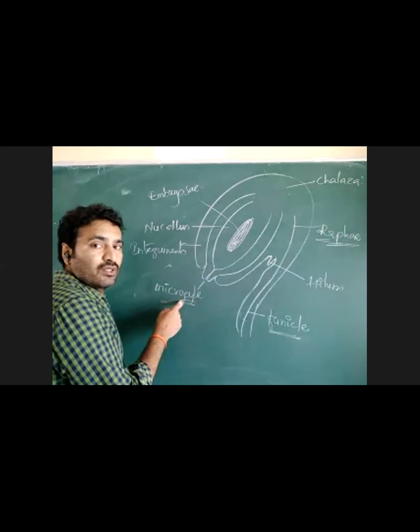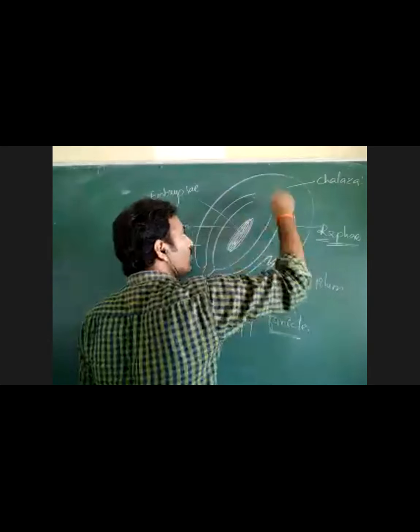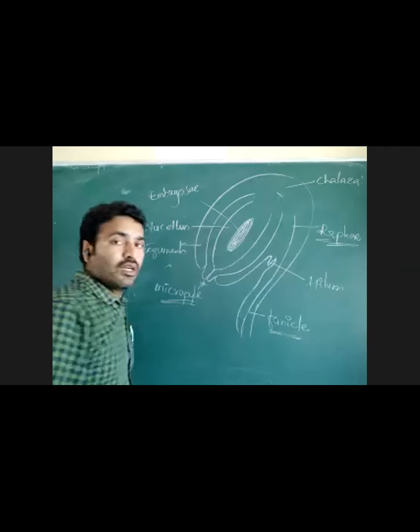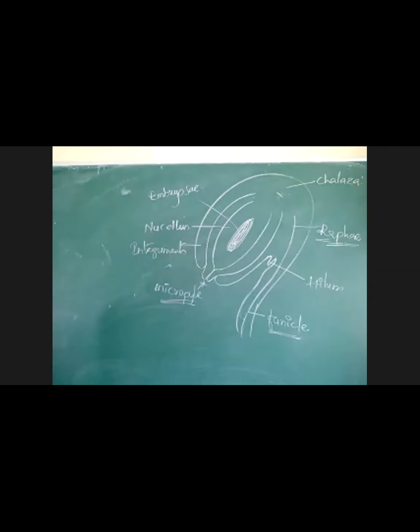This is the funicle, this is the basal part. In the ovule body, this is the basal part, because from the funicle this is the beginning, and this is the end part or apical part, which is the terminal part. Okay, you already drew this structure. Now write notes for this structure of the megasporangium, then we can continue with the next topic.